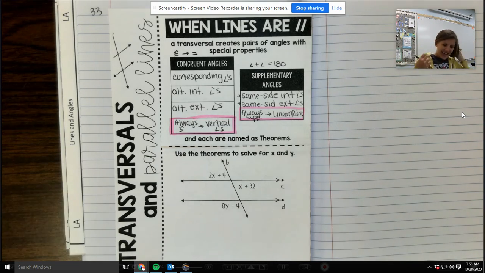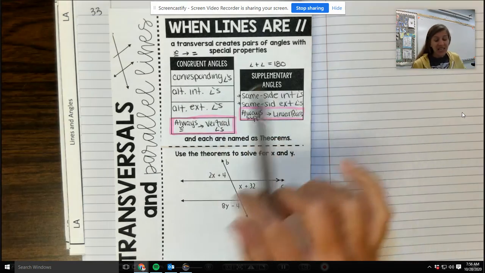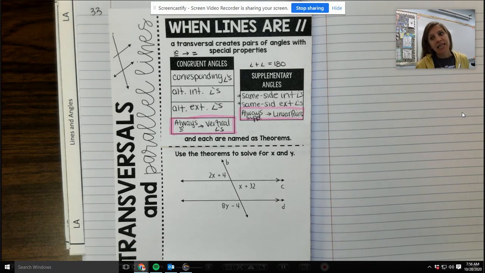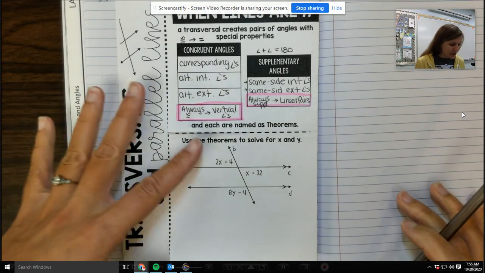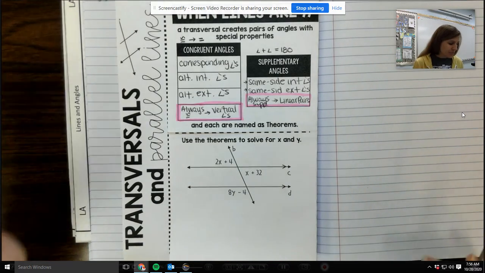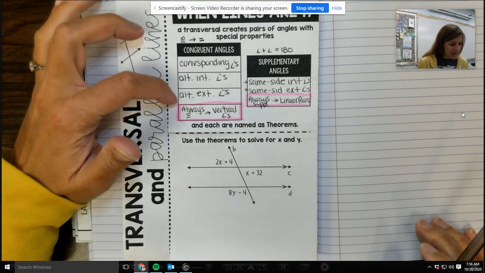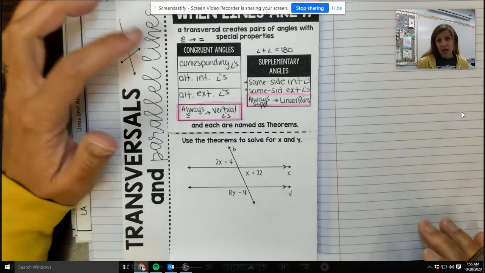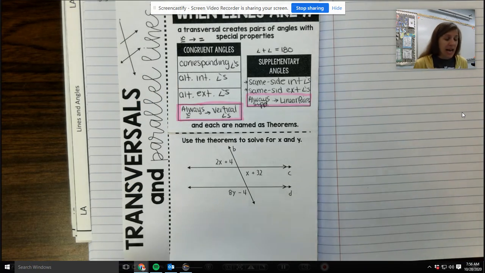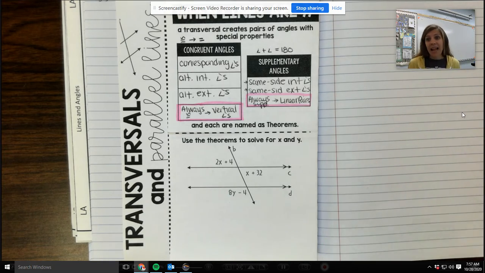Okay. All right. So again, understanding a true math fact about our angle pairs is super helpful because they allow me to solve for variables that I don't know. Now, truly, all of these angle pairs are theorems. So a theorem is a conditional statement that I have proven to be true.